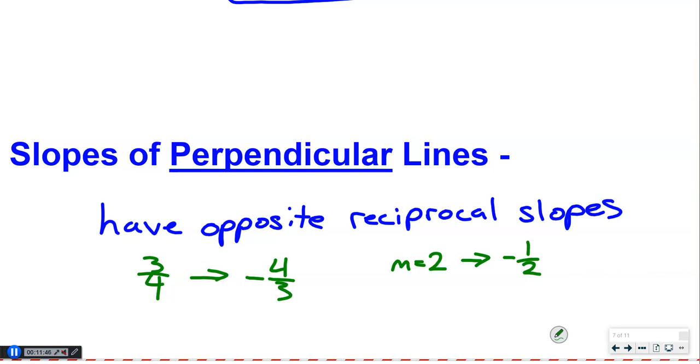So change the sign. If it's negative, it becomes positive. And flip the fraction. And if it's a single number like 2, turn it into a fraction, because remember 2 is 2 over 1. So it becomes 1 over 2 and negative. So that's your opposite reciprocal.